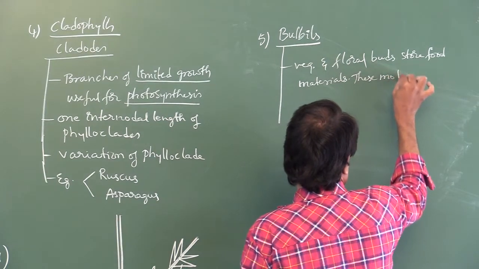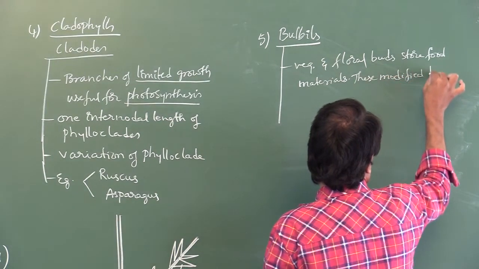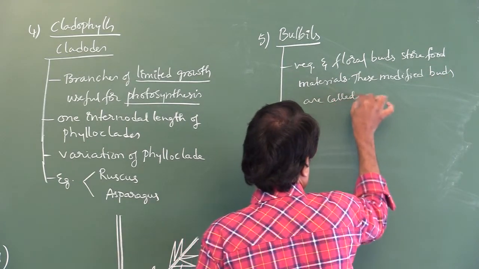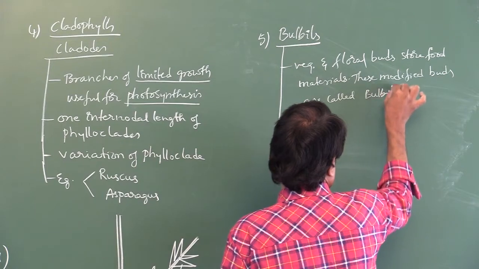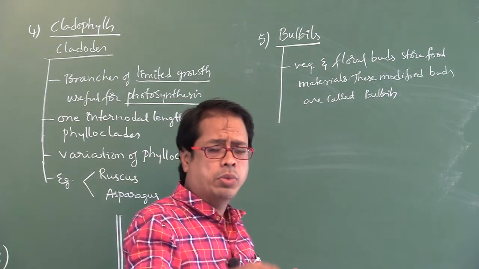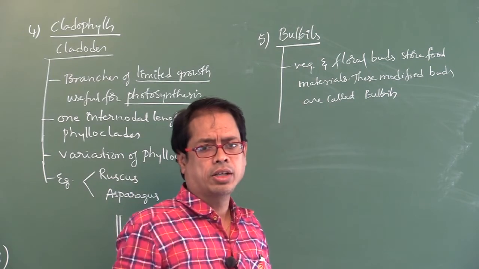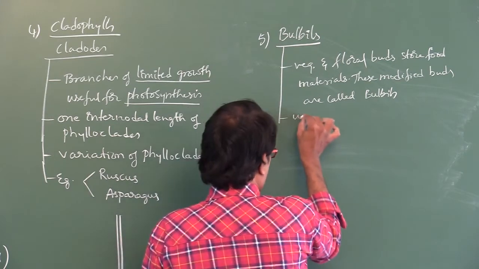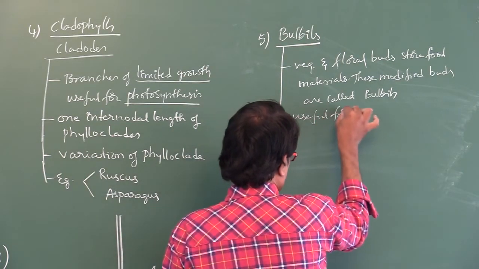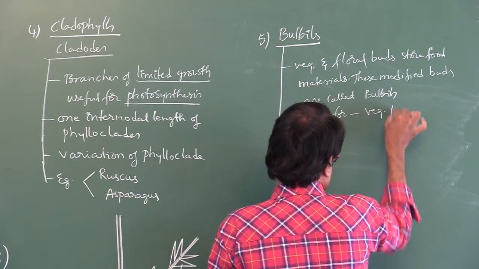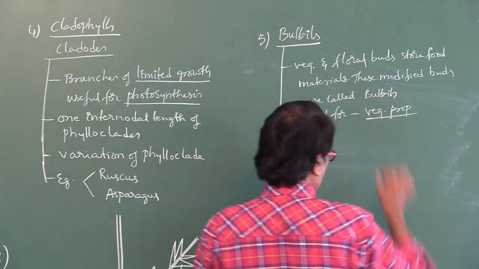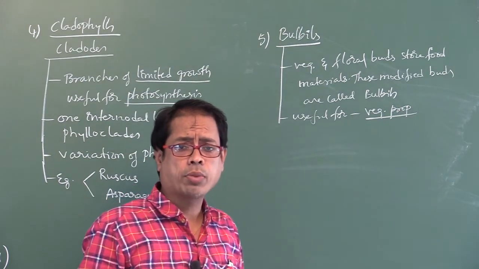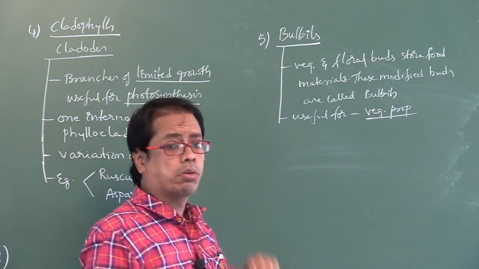These modified buds are called bulbils. When bulbils are separated from mother plant, those will develop into new plant. That means these are useful for vegetative propagation. The only aerial stem modification useful for vegetative propagation is bulbil.